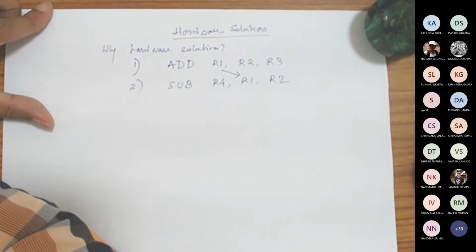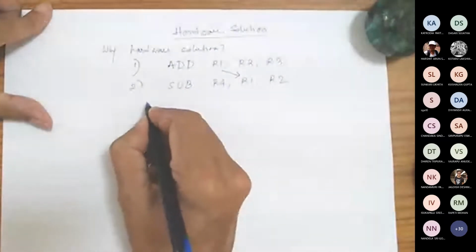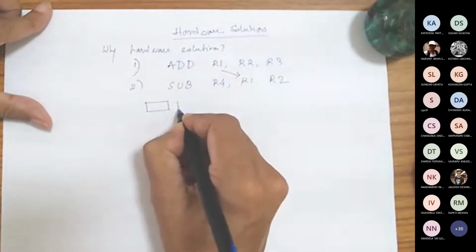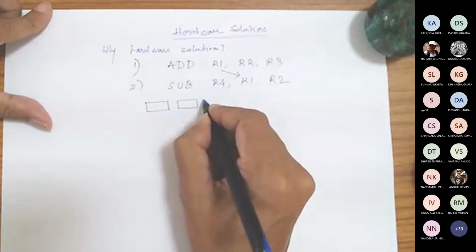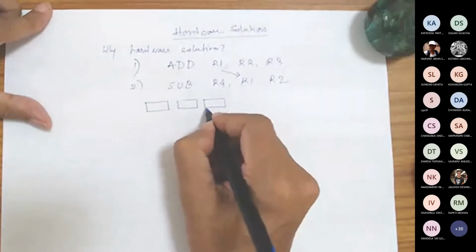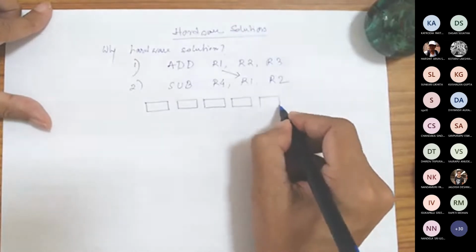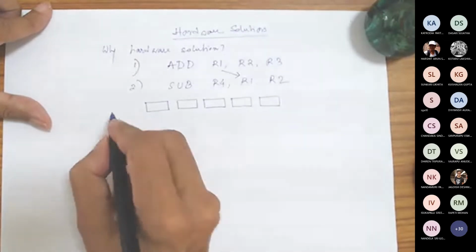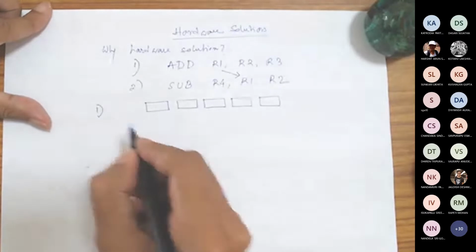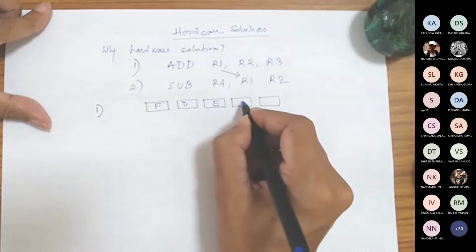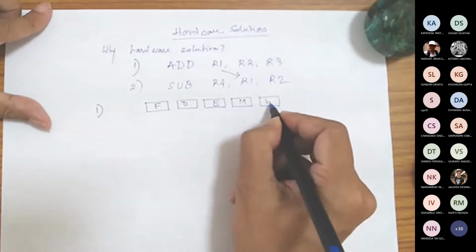If you execute this in a typical pipeline, what happens? Your pipeline gets stalled for some time due to the unavailability of the data. This is one: fetch, decode, execute, memory, write back.